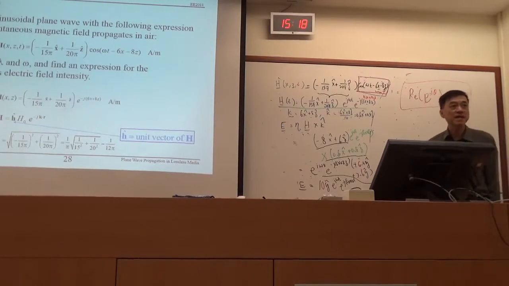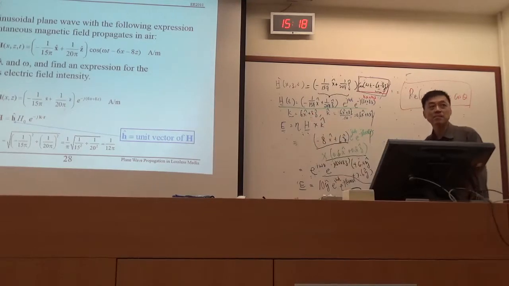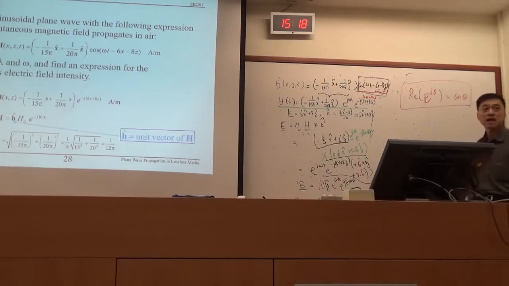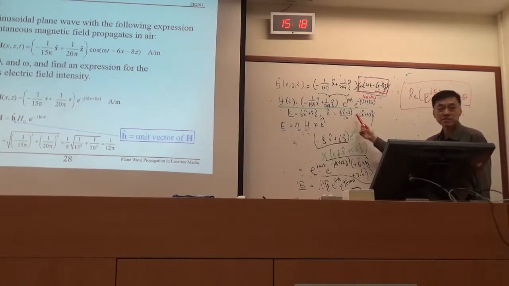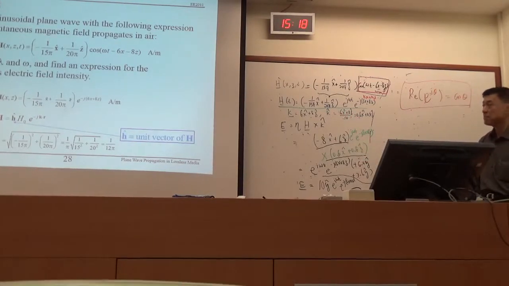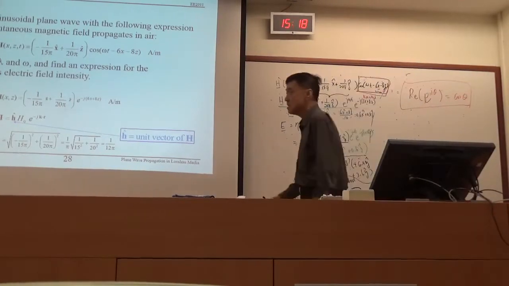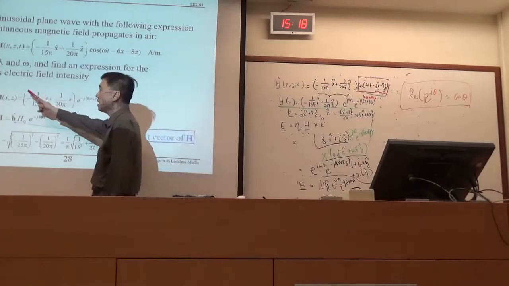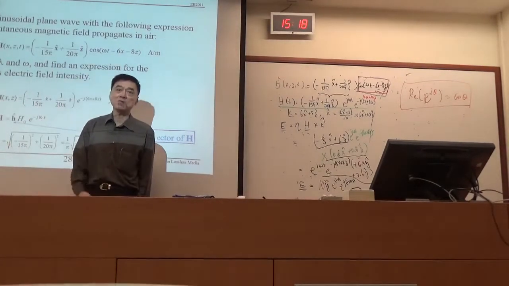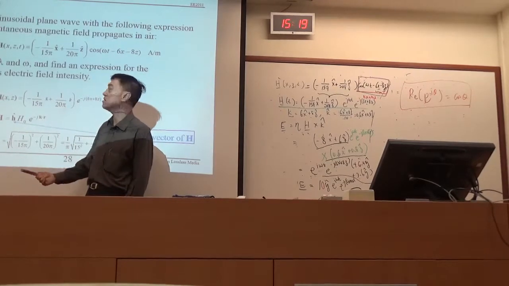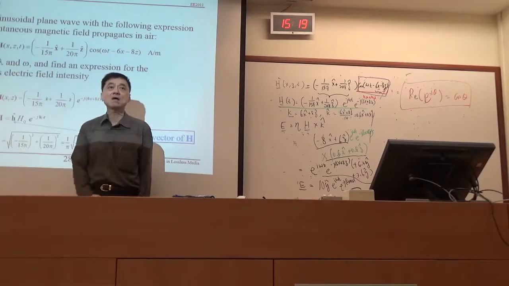Magnitude of K is the square root of 6 squared plus 8 squared, which is 10. And K is equal to 2 pi over lambda, so lambda equals 2 pi over K, which is 2 pi over 10.